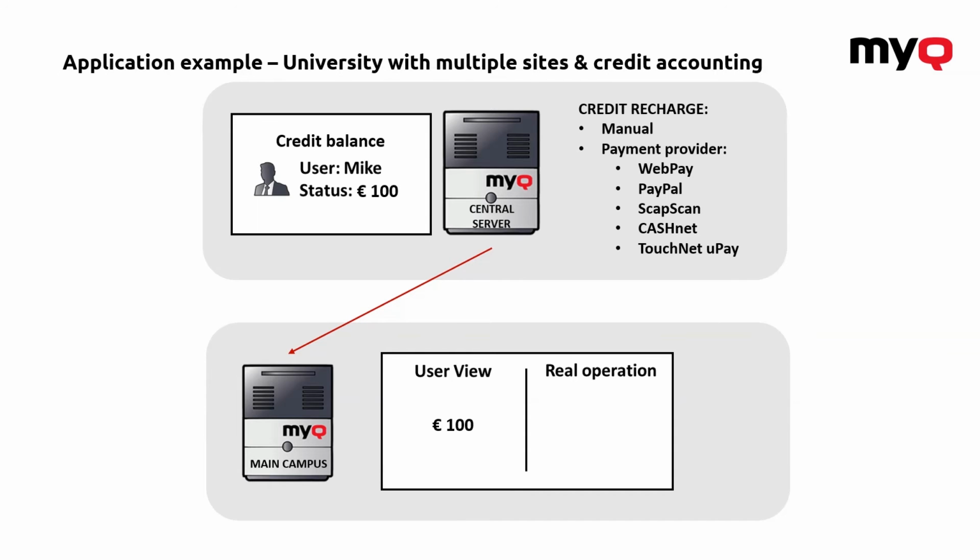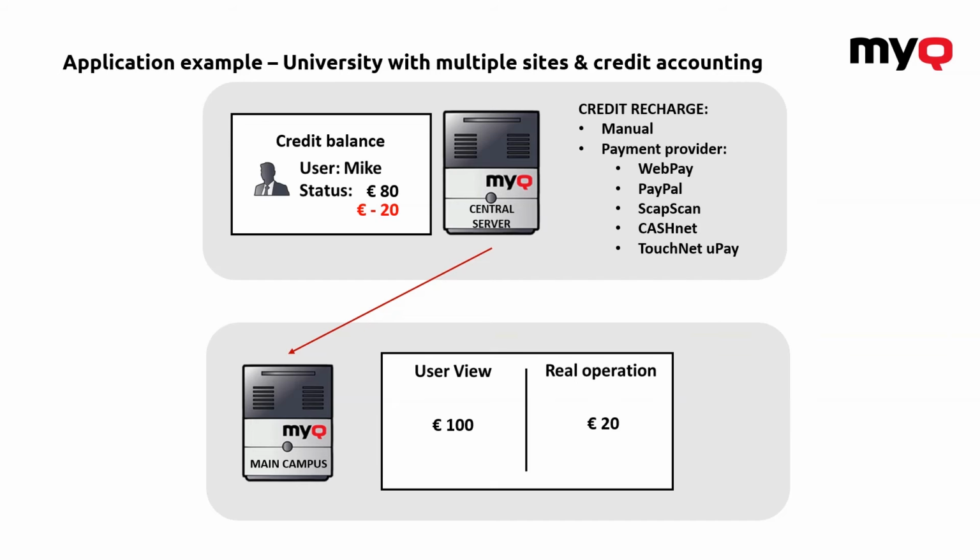Now, if he starts to print, what happens in the background, based on the limits provided by the administrator, which in that case would be 20 euros, is that the system will automatically allocate 20 euros to that site. The user still sees the full balance, but in reality, he only has 20 euros on his account here on the site. Why is that happening?